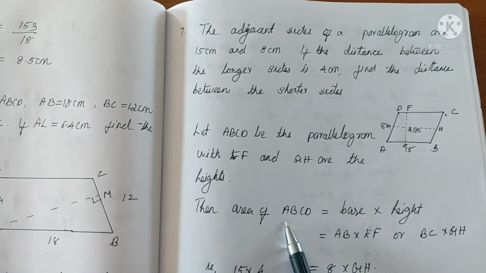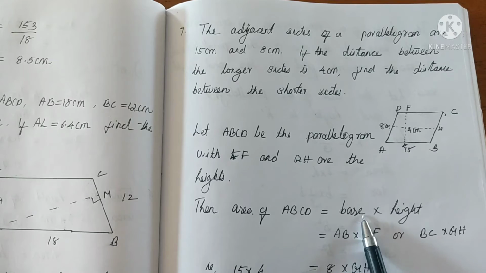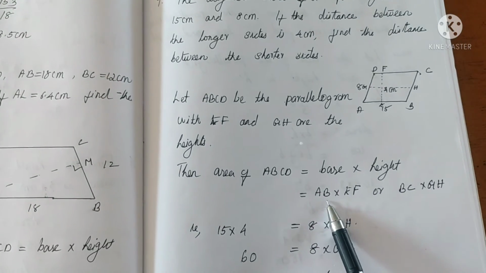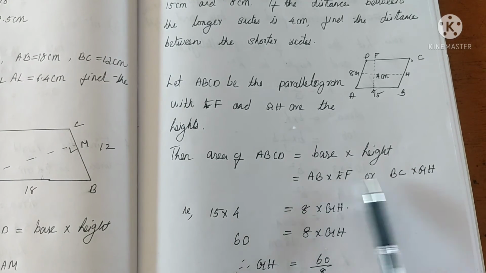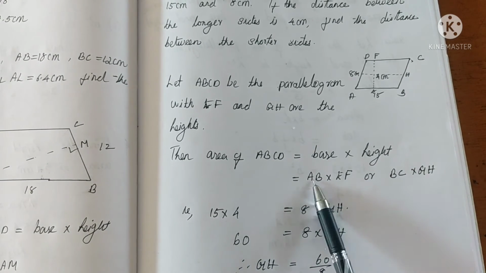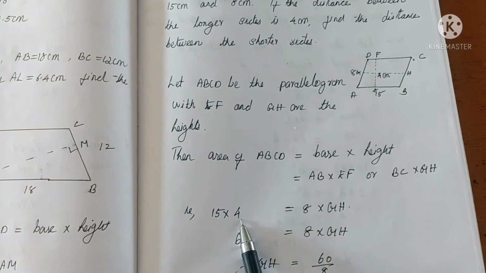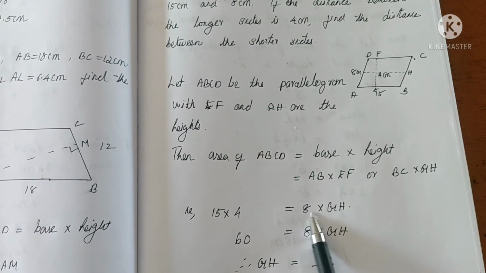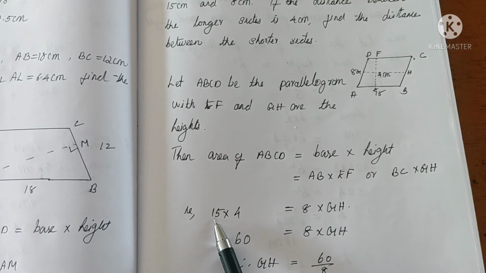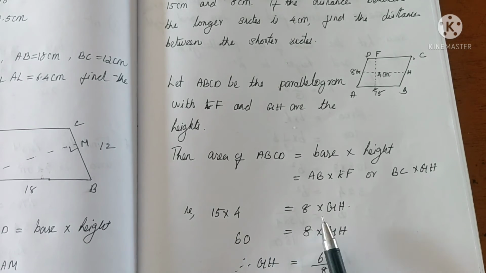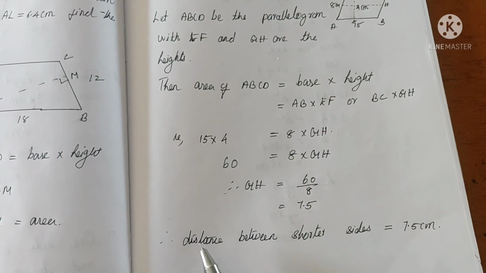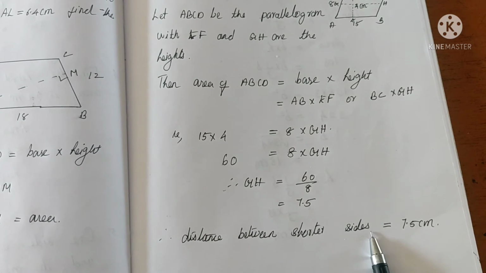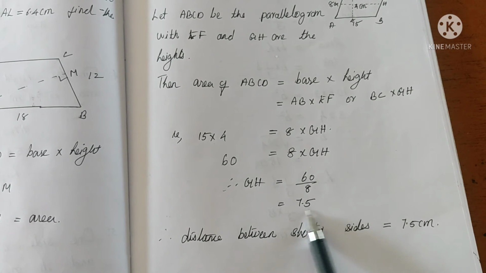That is, AB into EF or BC into GH, both are equal to area. So, these two we are equating. AB into EF, we are substituting the value. BC is 8, 8 into GH. Okay. Now, 15 into 4 becomes 60. 8 into GH. Therefore, GH is equal to 60 by 8. Therefore, distance between shorter sides is equal to 7.5 centimeter.